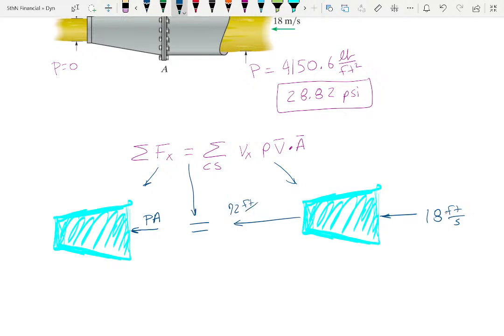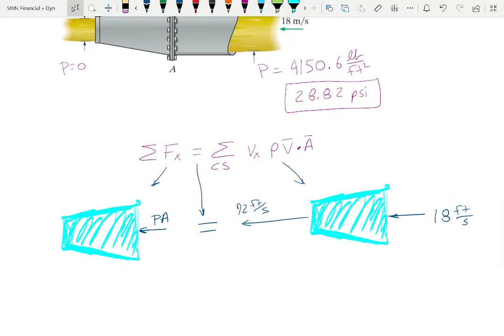Oop, that's not that, that's this. On the left, you have that. Technically you also have your weight, but nobody's summing in the y direction. You have the pressure at the exit times area, but the pressure at the exit is 0.